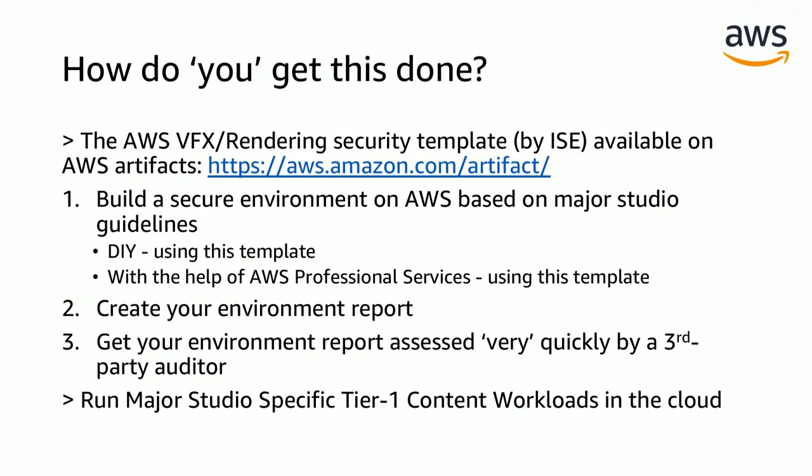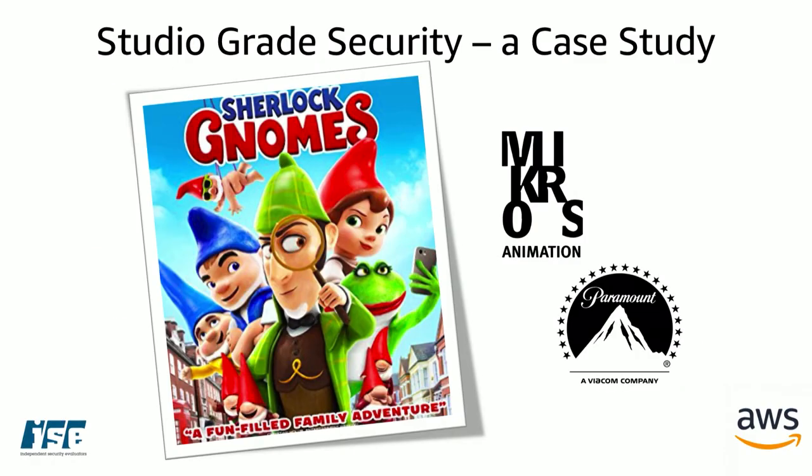And then how do you get it done? I covered it a little bit earlier already, but basically you're building your environment based on the template provided to you by ISC, and if you need help, we are here to help from a professional services perspective. And then you create your environment report that could get audited very quickly by a third party.